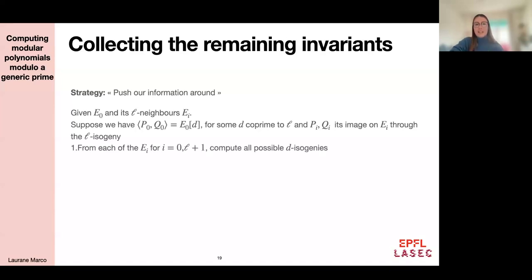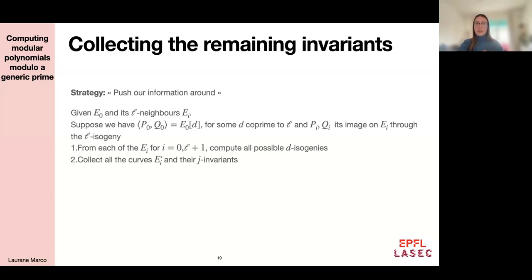Then the idea is, for each of the curves E0 and all of the Ei, to compute all possible D isogenies. Let's say E0 and E1 are L isogenous. You compute a D isogeny from E0, and you compute the same D isogeny from Ei in SIDH style, and then the image curves are going to be L isogenous again.